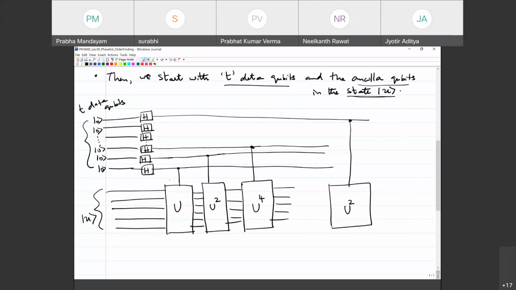The first one is 2 to the 0, right? This is 2 to the 1. This is 2 squared. So this is 2 to the t minus 1, right? So now the question is, what is the state of the ancilla at the end of all these controlled operations?